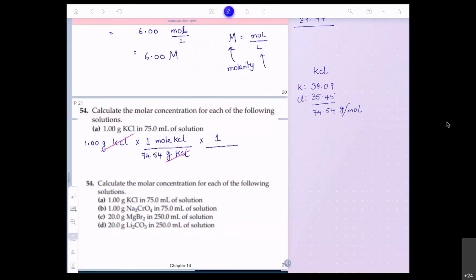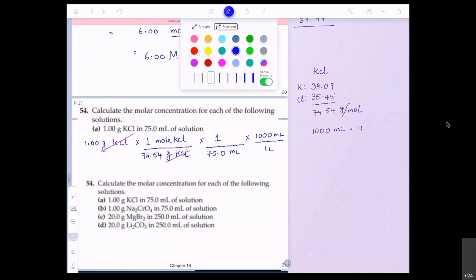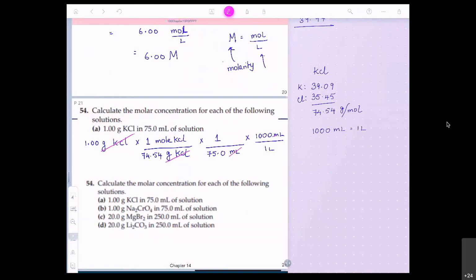You just have 1. Now this is 75.0 milliliters. Make sure you convert it into liters. So 1000 milliliters equals 1 liter. You want to cancel out the milliliters, so you want to have that on the top, liters on the bottom. Now you see milliliters get canceled. At the end of all this, your answer will be moles over liter, which is the same as molarity.